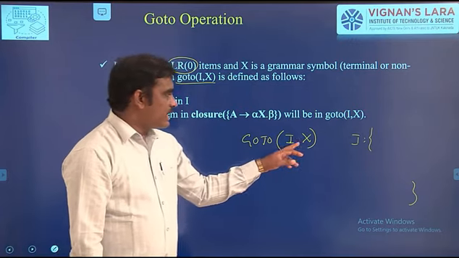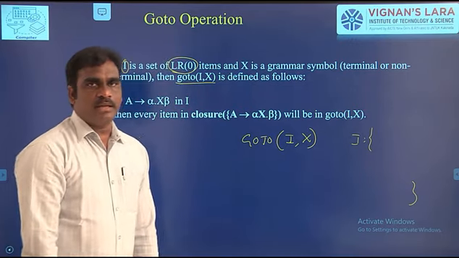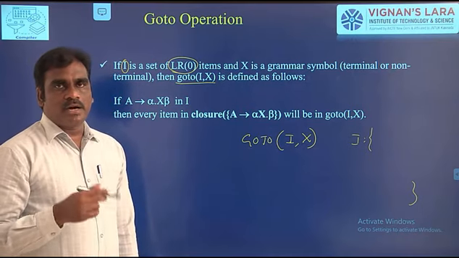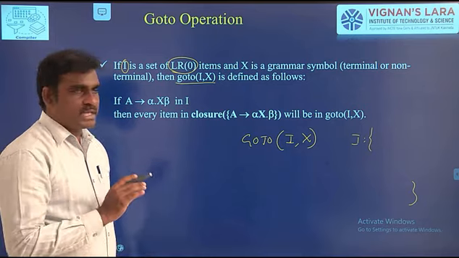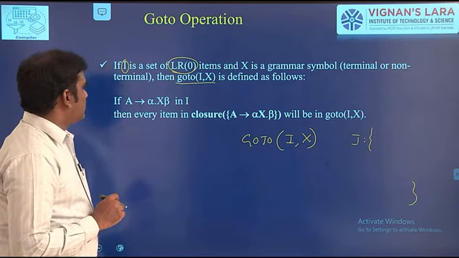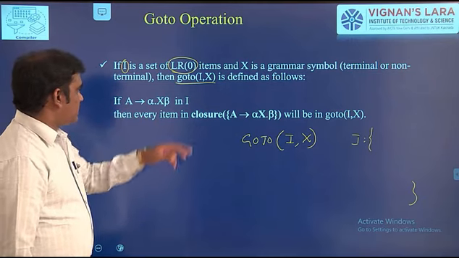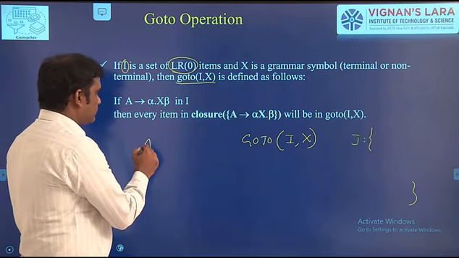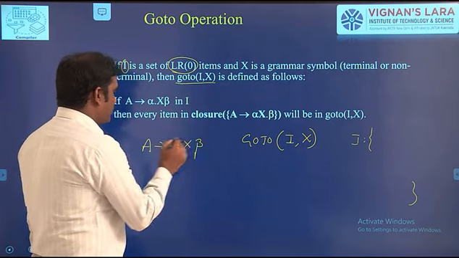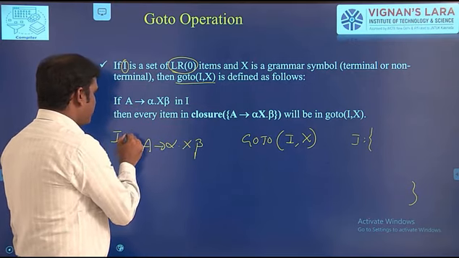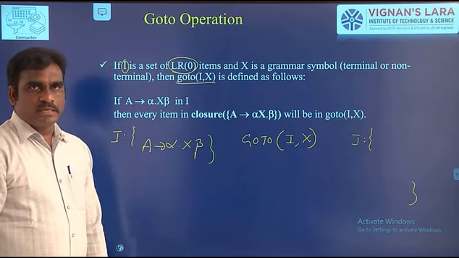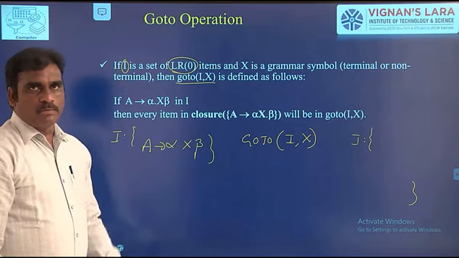Next one, X. What is X? X is a grammar symbol. The grammar symbol may be terminal or non-terminal, whatever it is, X is a grammar symbol. Suppose we take the production A → α·Xβ, and suppose this is I. Now apply the goto operation.